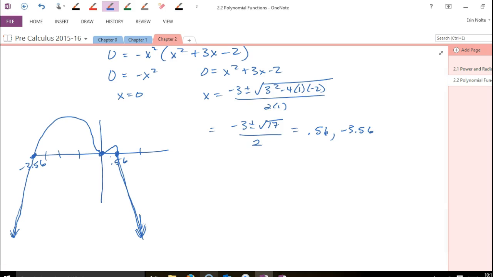Notice what happened at 0. What happened at 0? It what? Okay, kind of. No. No, it touched it. It touched it. It bounced off of it. It did not cross through it, but it bounced. Okay, so the reason for that is, see how this original thing was x squared?